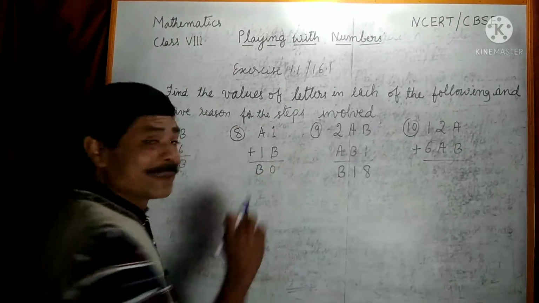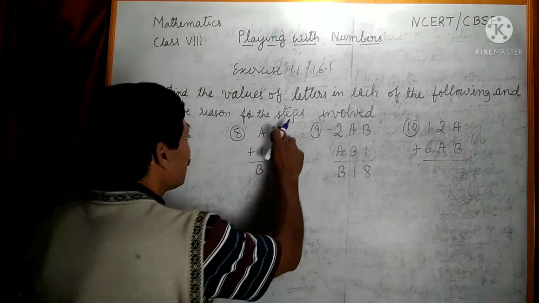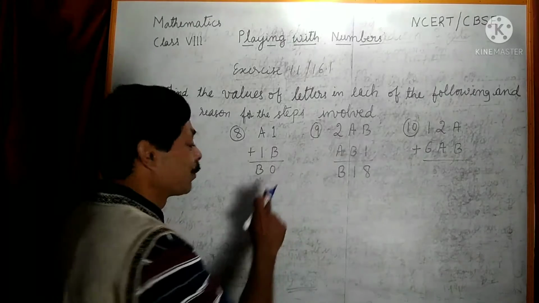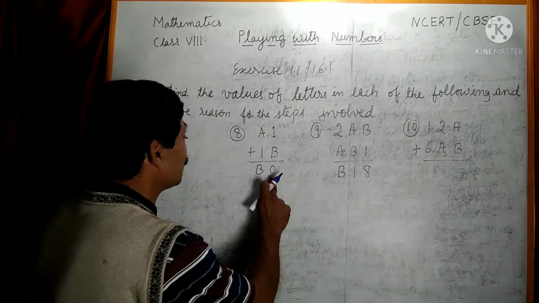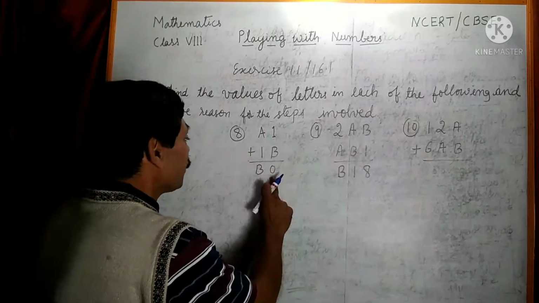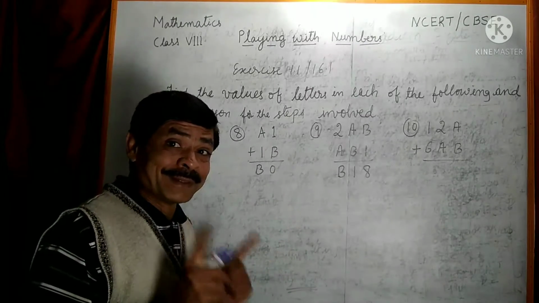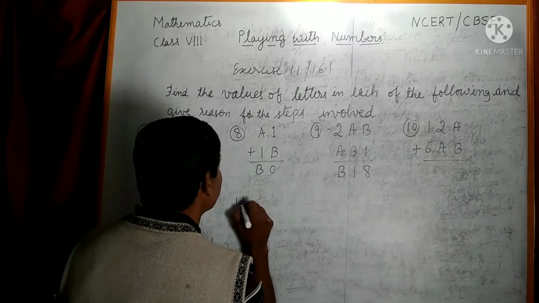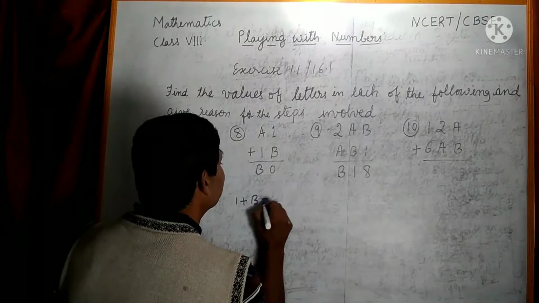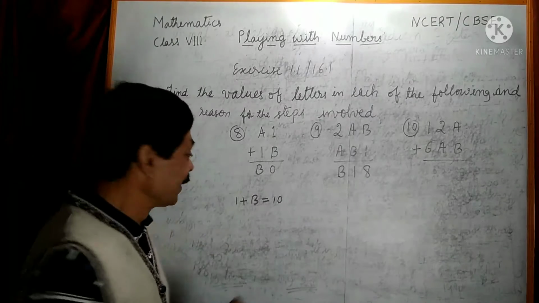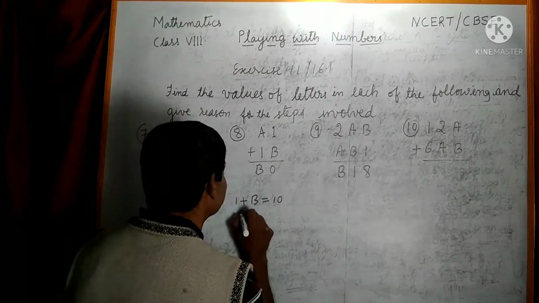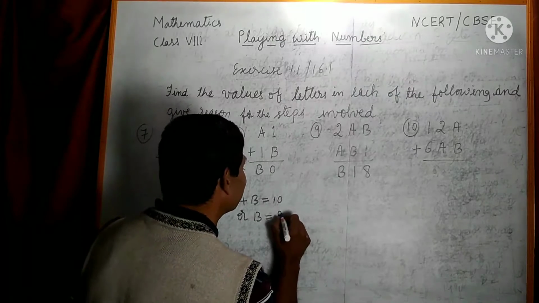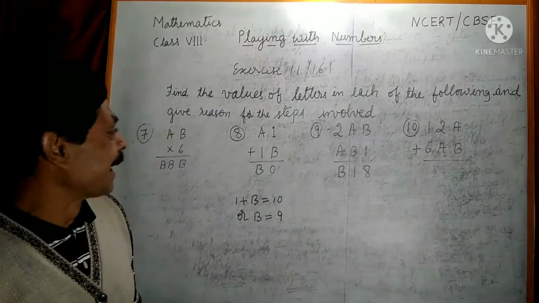Now let us look at the first step. 1 plus B is equal to 0 is not possible, so this should be 10. That means the digit will be 0, so 1 plus B is equal to 10, or B must be 9. 10 minus 1 is 9.